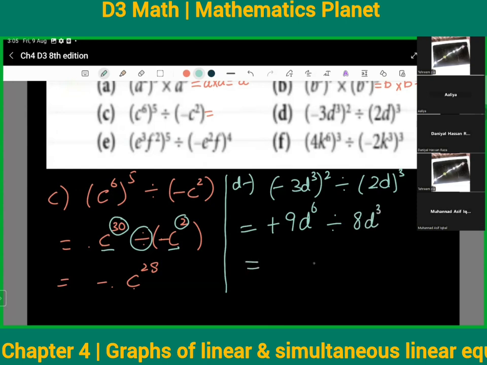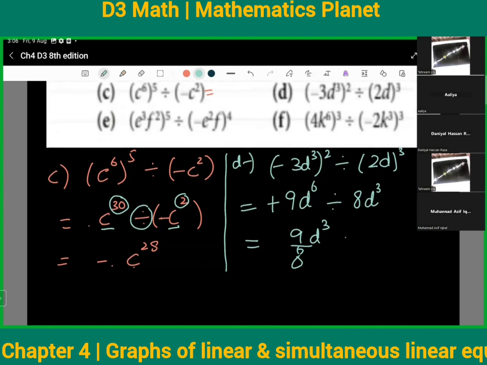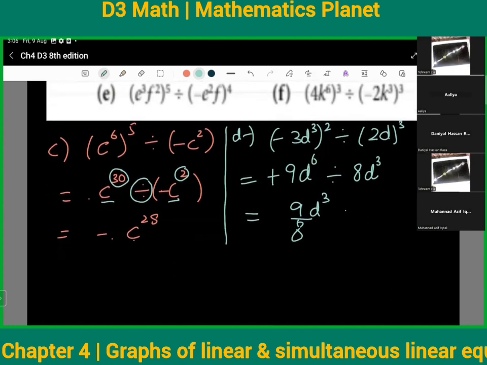Good. Next. Minus d to the power 3. Where is minus? There is no minus. This is only 9 divided by 8, and D6 divided by D3, because there is a division, we subtract the powers and get D3. And there is no minus. Got it, Daniel? Okay.